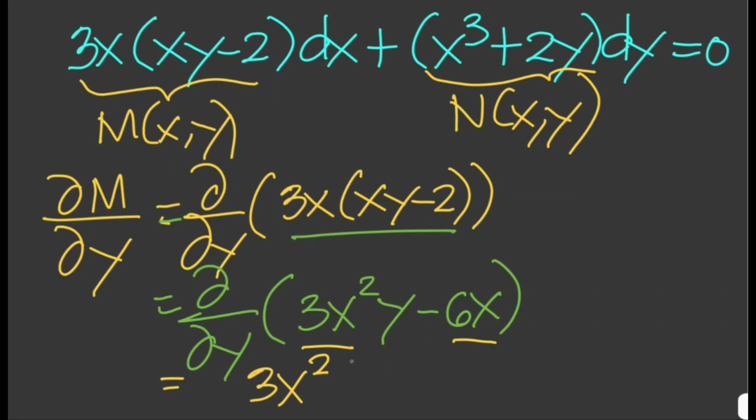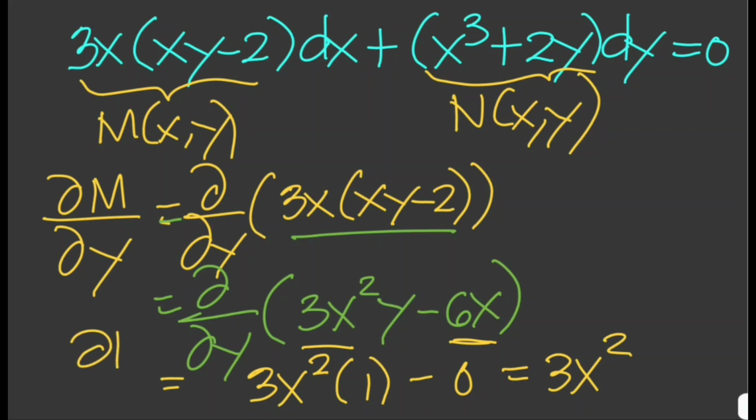Minus 6x is a constant, and the derivative of a constant is equal to 0. So this is just equivalent to 3x squared. That is the result for the partial derivative of M with respect to y.